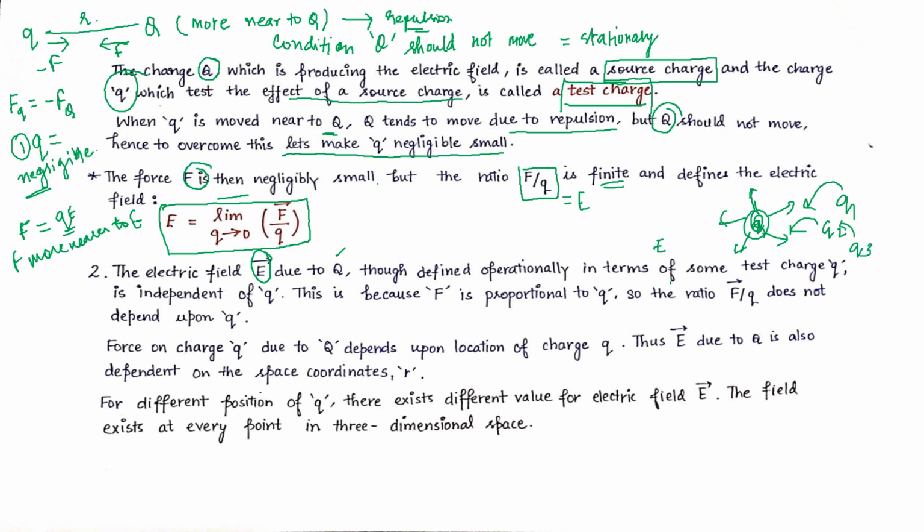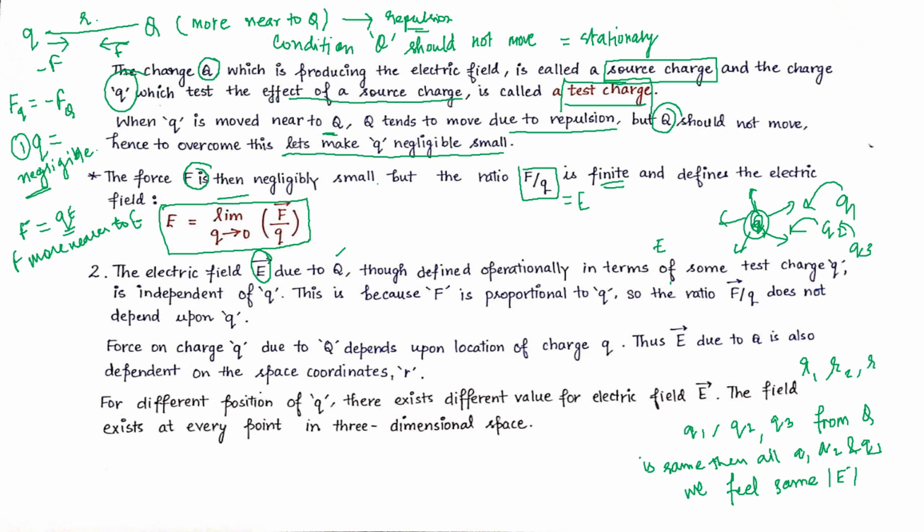If the distances of q1, q2 and q3 from capital Q are the same, then all of q1, q2 and q3 will feel the same magnitude of E. But if the position is changed, with r1, r2 or r3, the results won't be the same. These should all be equal to r.